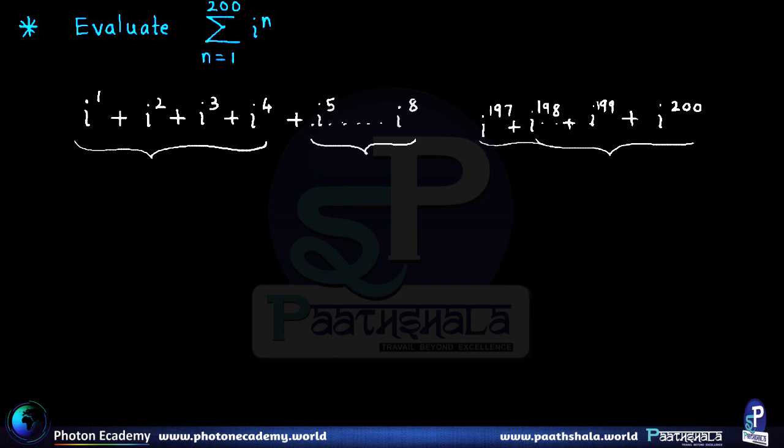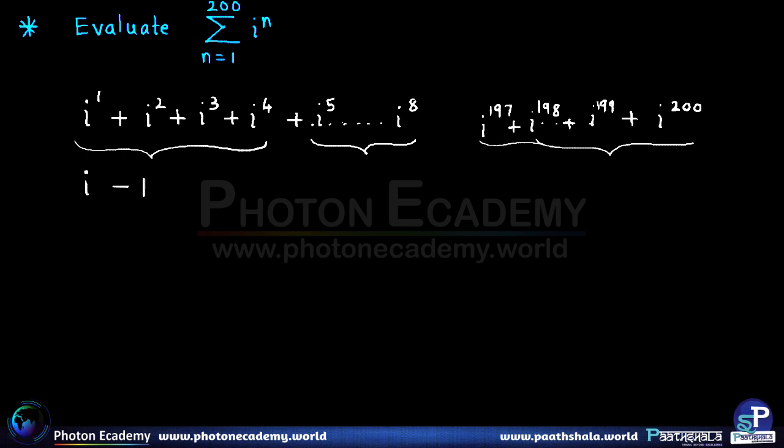So now let's consider the sum of each particular set of 4 powers. We know that i raised to 1 is i, then i square is minus 1, then i cube is minus i, and i raised to 4 is plus 1. So i gets cancelled and minus 1 also gets cancelled.